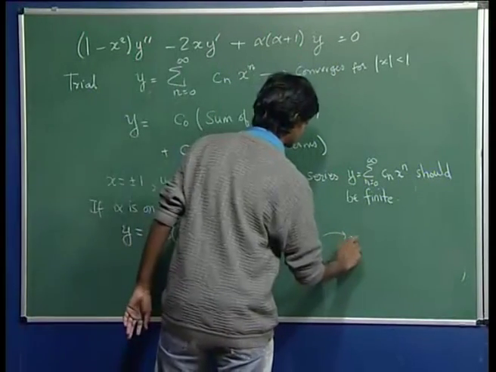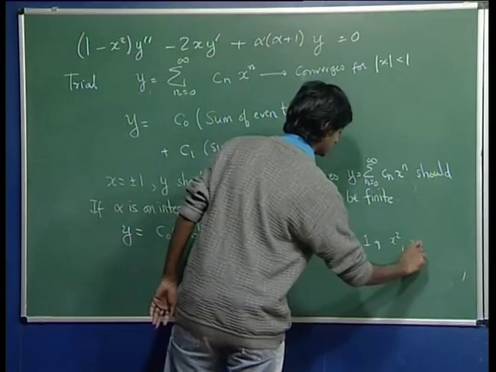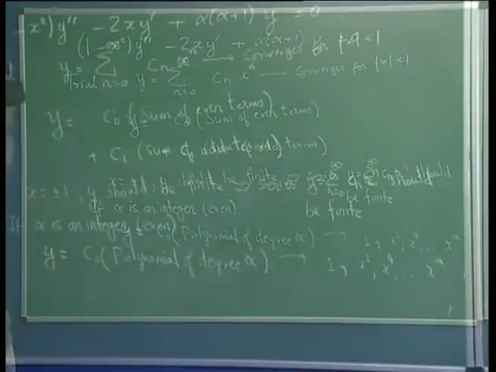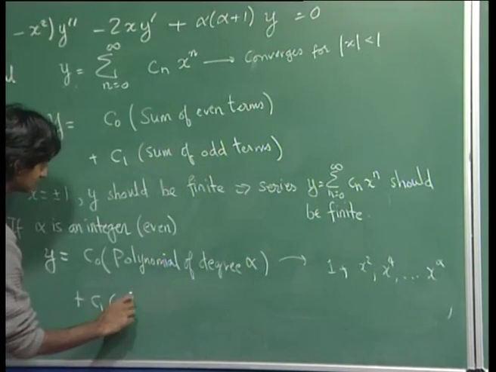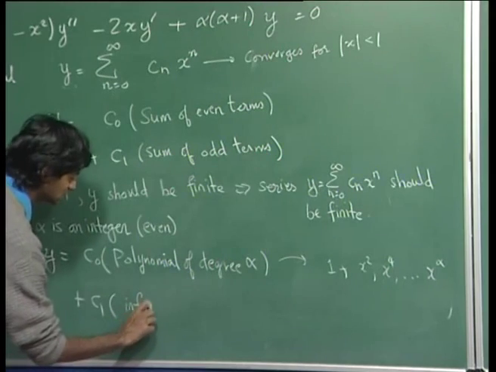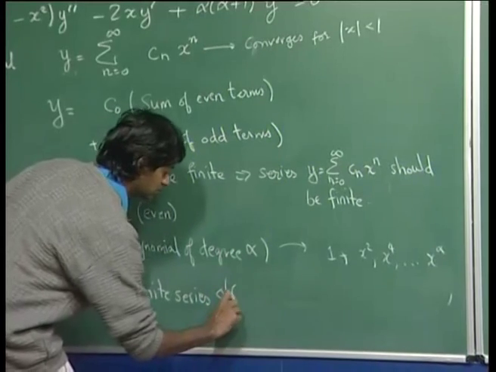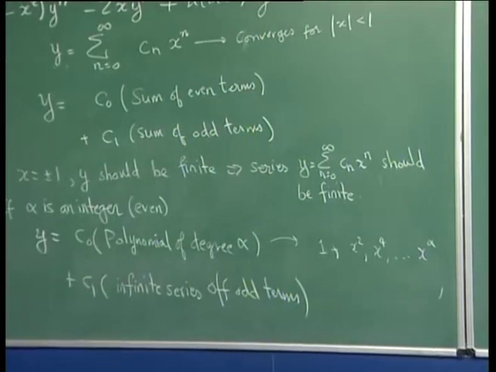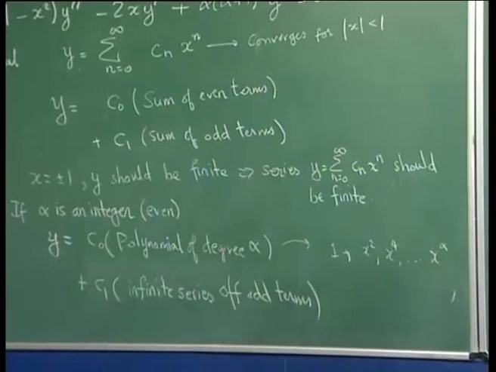It has terms like 1, x squared, x to the fourth, all the way up to x raised to alpha, where alpha is an even integer. And then you have C1 times an infinite series of odd terms.